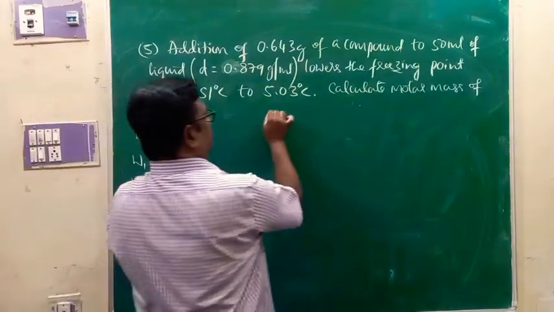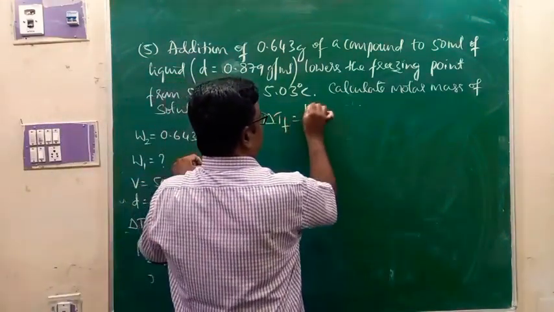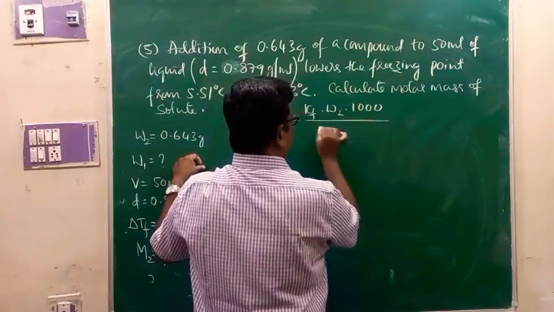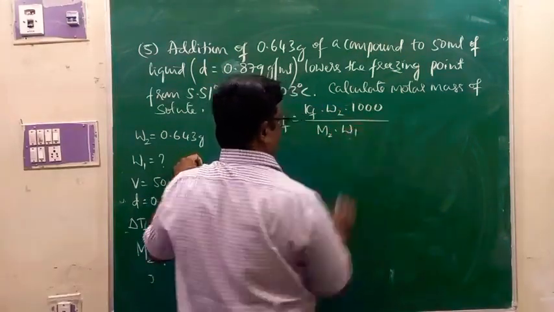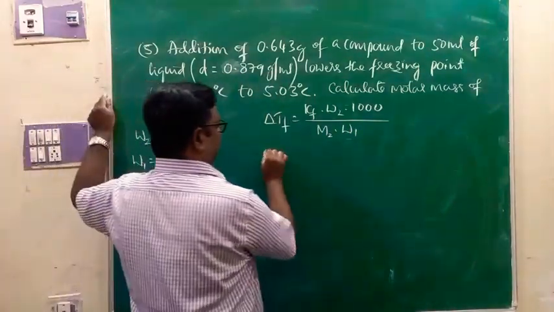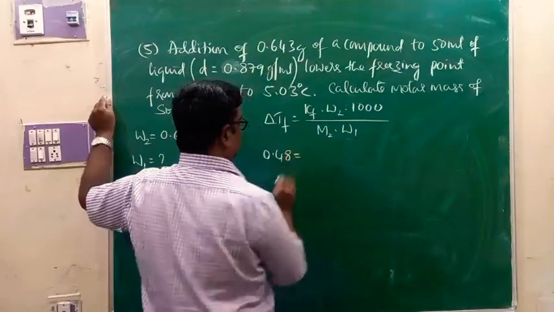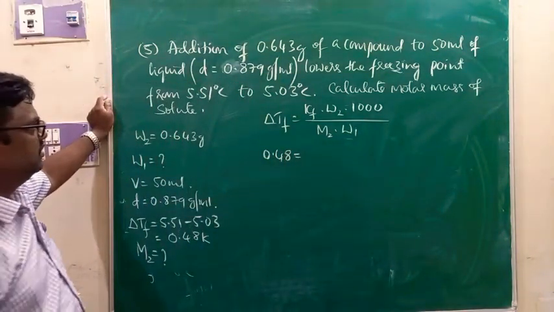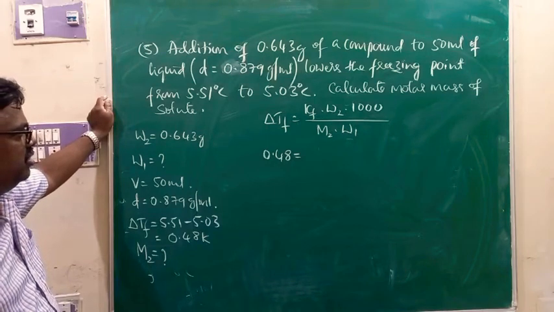Then delta Tf equals Kf into W2 into 1000. Yes, whole divided by M2 into W1, right? Delta Tf is 0.48 equals Kf, and of course Kf should be known to you, right?